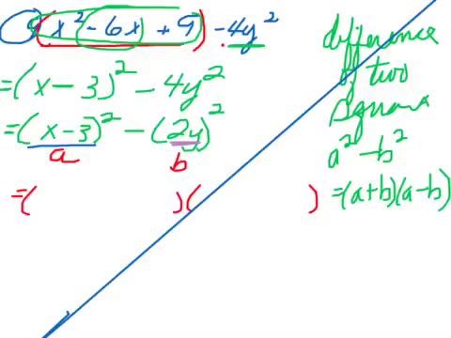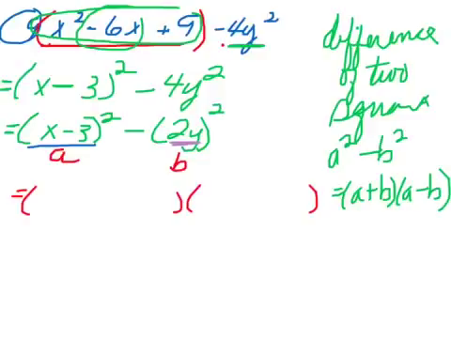Let me see. Yeah, it did go away. Good. All right. So a is x minus 3. I put it here. I put it here. My b is 2y. I'll write that in that purple that I said I would write it in. And since it's a difference of two squares, I need one plus and one minus, and it is now factored. Kind of weird, but that's how you do it.